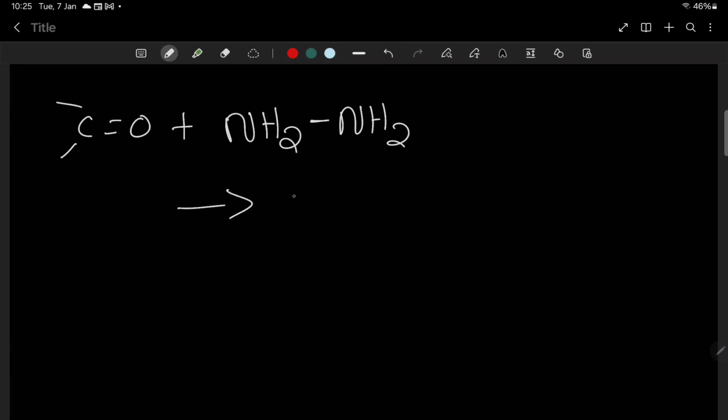Now phenylhydrazine, that is C double bond O, NH2. Now the next one is hydrazine, that is NH2NH2. This compound is called hydrazine. Now if I am adding it, we get C double bond N NH2. This is called hydrazone.